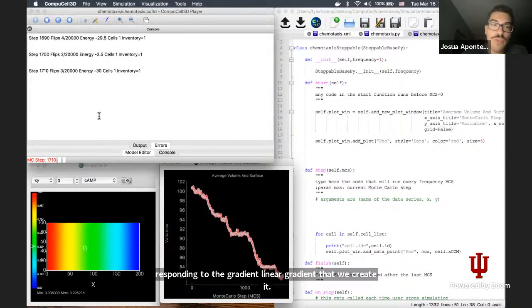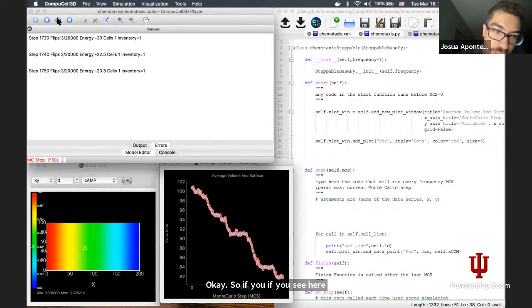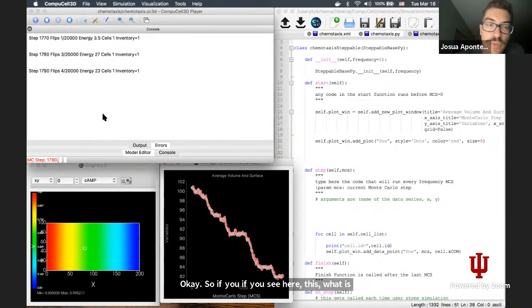Okay, so if you see here, what is the slope of this curve telling you? If this is position on the y-axis, and this is time, what is the slope of this curve telling you?